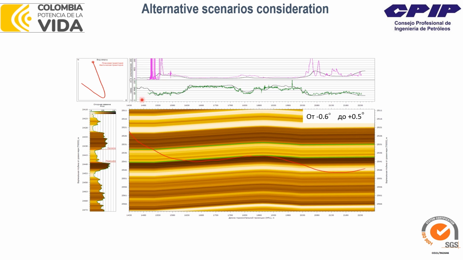The structure we saw before was changing from 5 degrees to plus and minus 1, and in reality the structure never changed by more than 1 degree. It was just changing between minus 0.6 and plus 0.5. Actually the formation was missed, and the rest of the well was in the wrong zone.